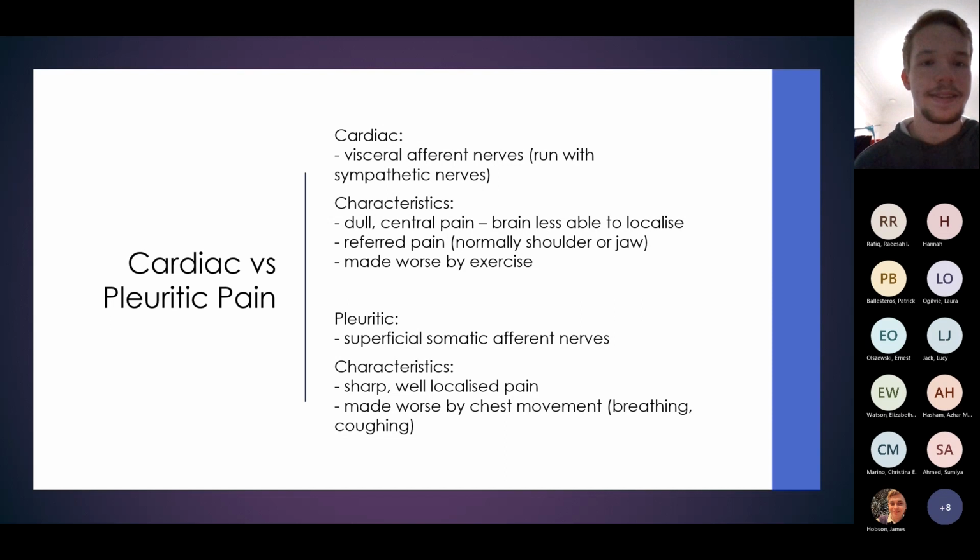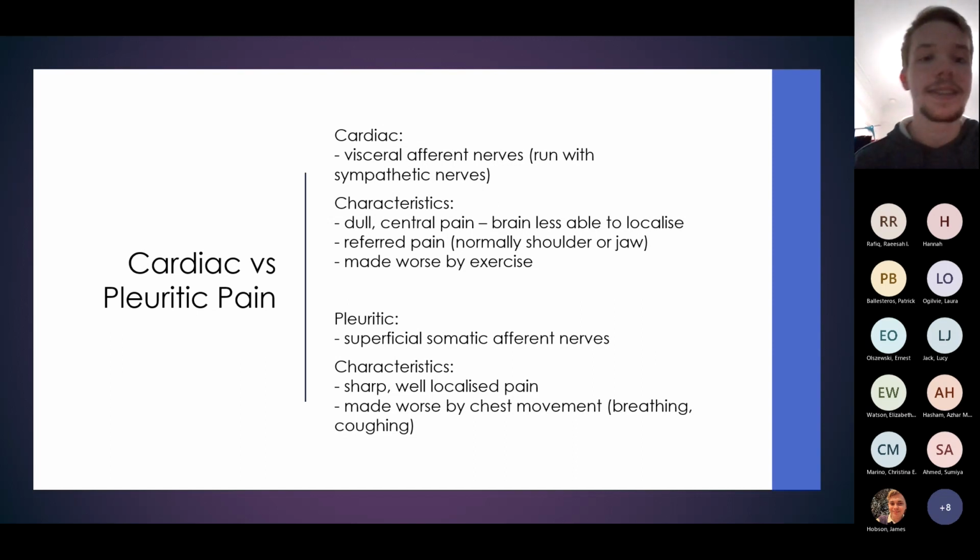And it's a dull central pain because the brain's less able to localize exactly where it is. And you normally get the referred pain with it, which is often described going to the shoulder or the jaw, because the nerves flowing back to your central nervous system follow up and link around those areas, which is why it can radiate up there.